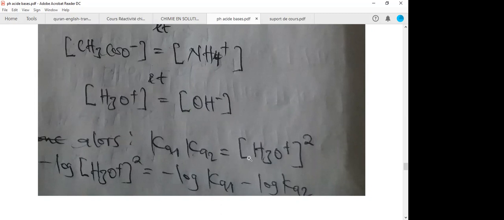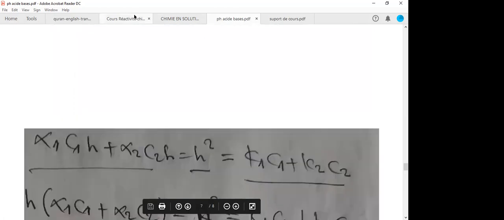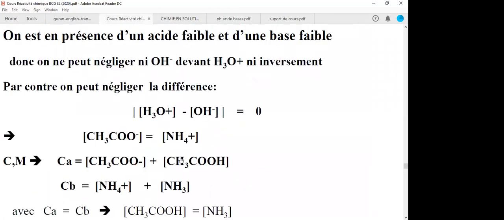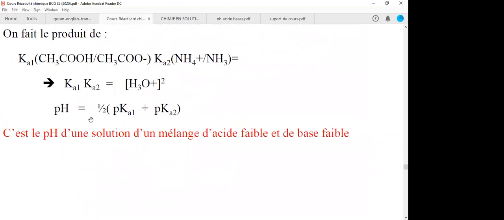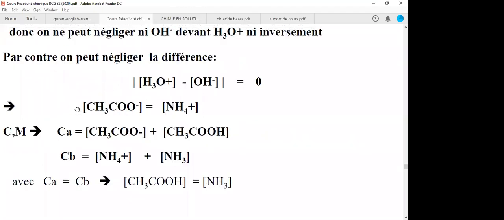So we introduce negative log on both sides, and when you simplify it, you have pH equals 1 over 2 times pKa1 plus pKa. That's how it is. It is the pH of a solution of a mixture of a weak acid and a weak base.